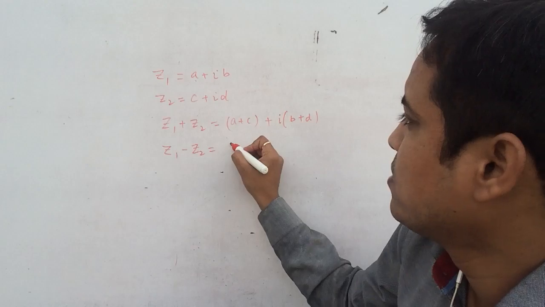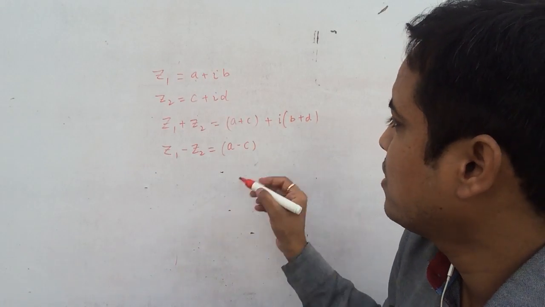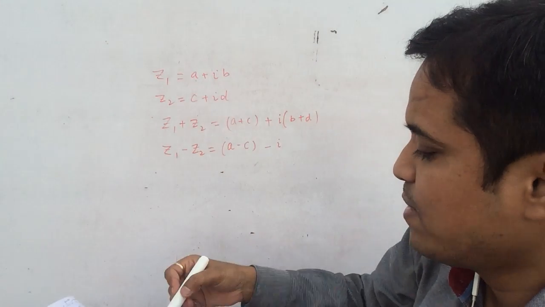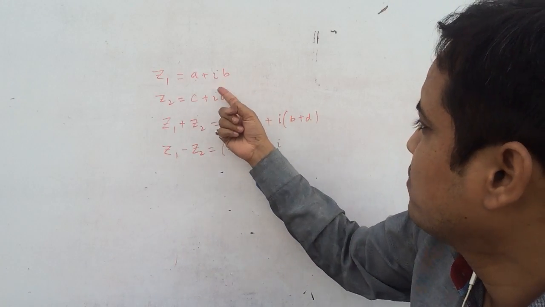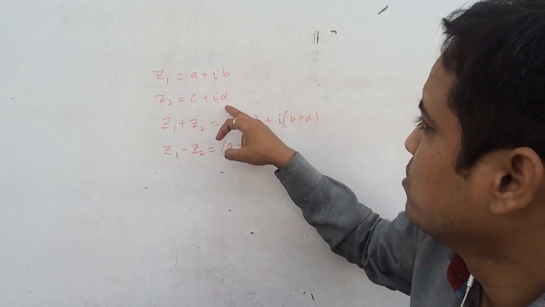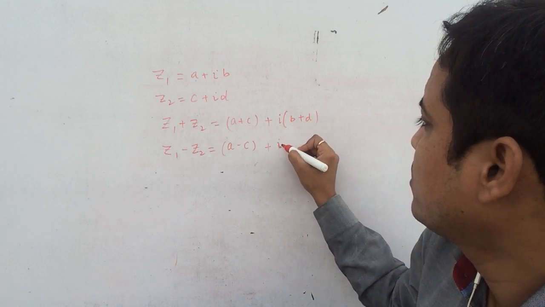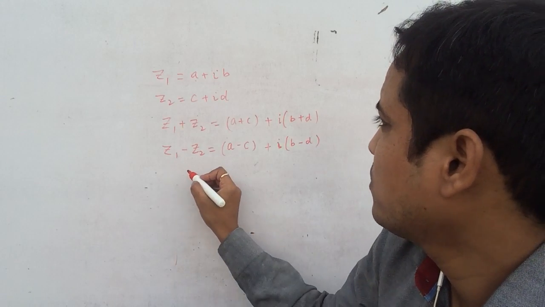A real part will be subtracted from a real part, that means a and c are the real part here, and the imaginary part will be subtracted from the imaginary part. Here you see that when you subtract these two, you get iota times b minus d. All right, can you divide it also?